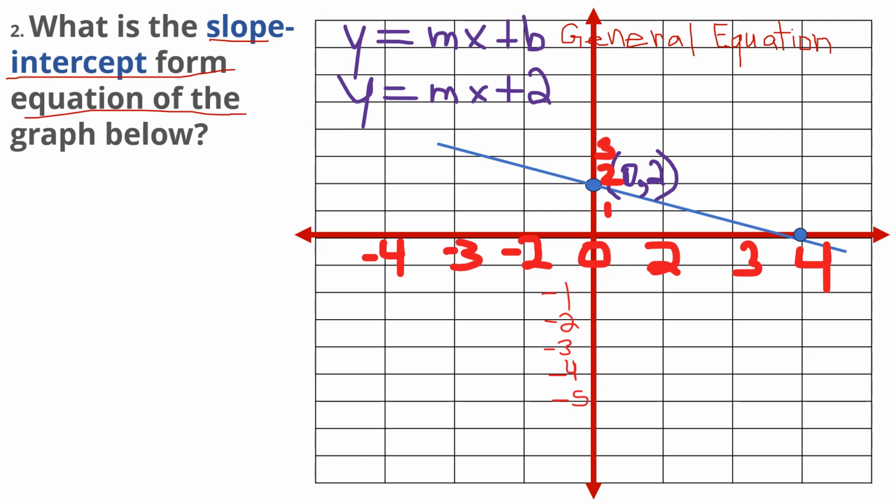Now, where did I get this y equals mx plus 2? This 2 is here. The mx is going to be the direct slope, and this is the y-intercept.